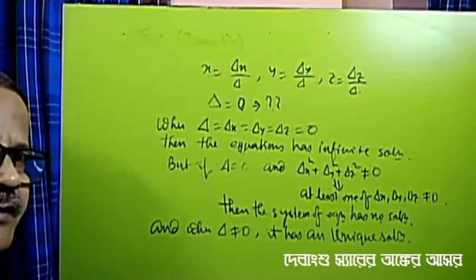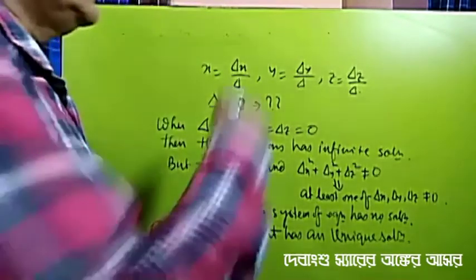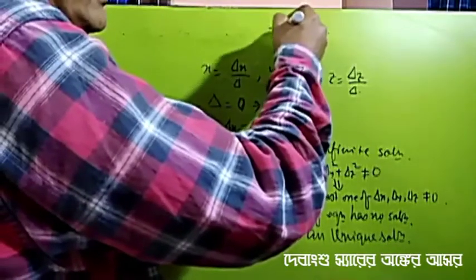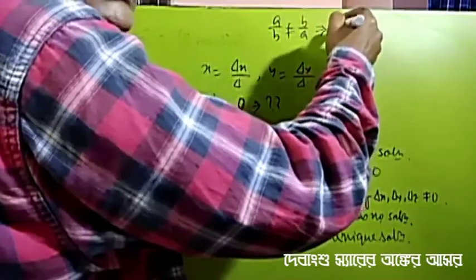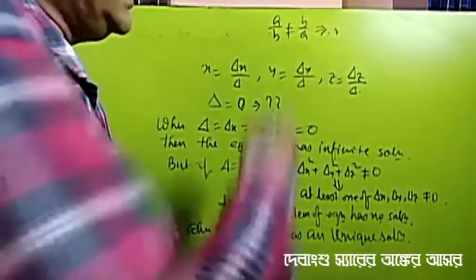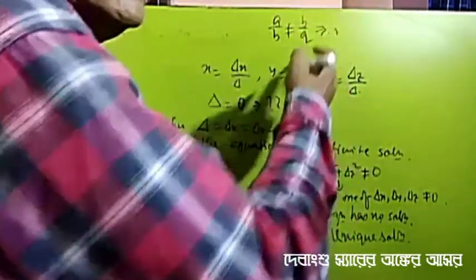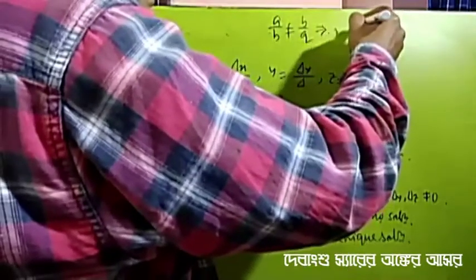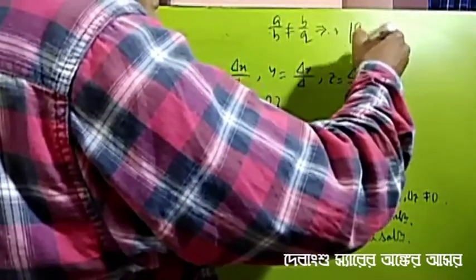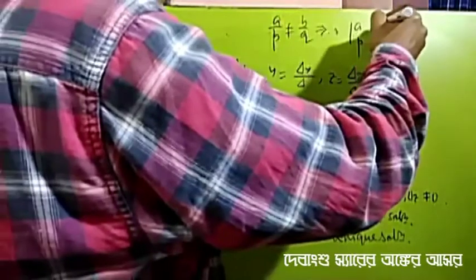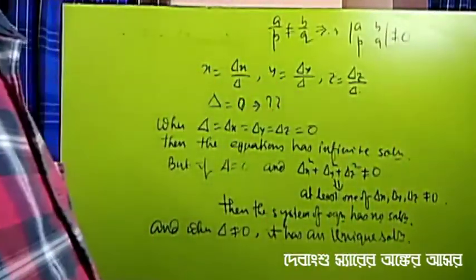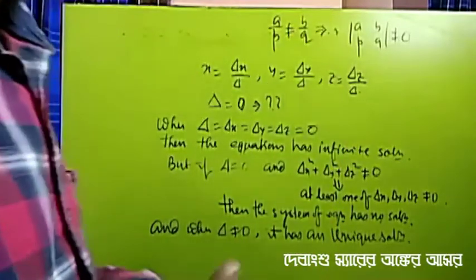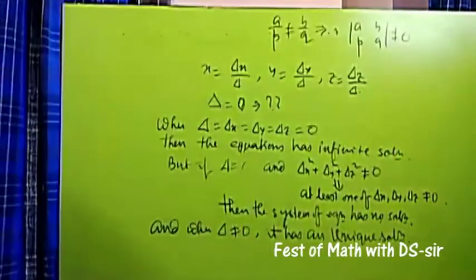That we have learned in class 9 also. Since a by p is not equal to b by q, that implies a unique solution. A by p not equal to b by q implies the determinant a, b, p, q is not equal to 0. That was the condition of a unique solution we learned in class 9.